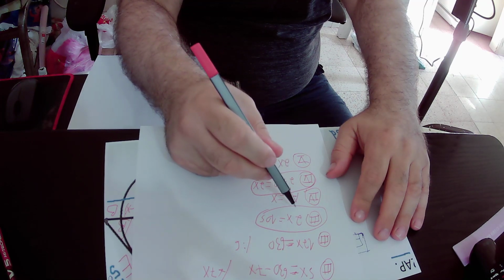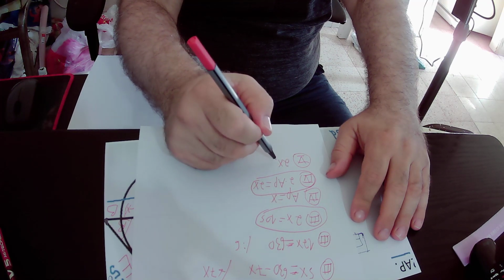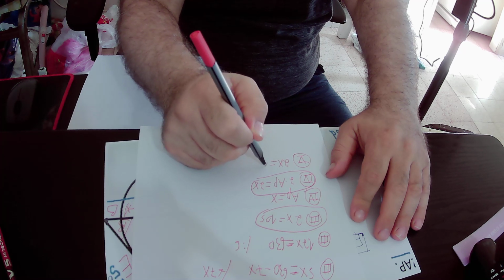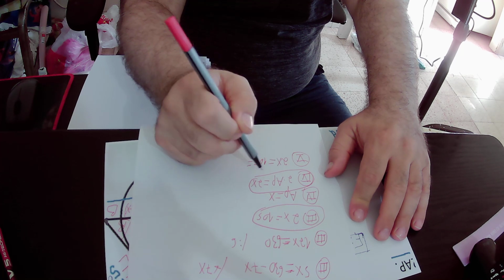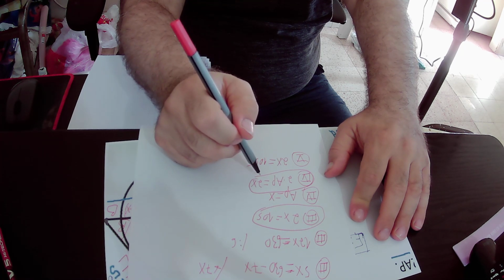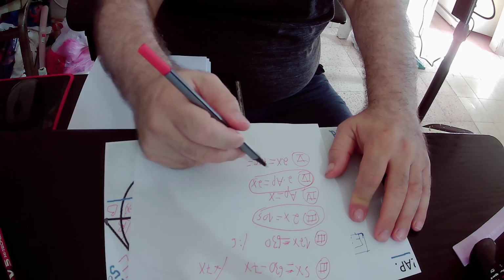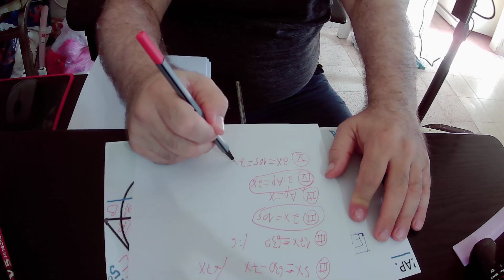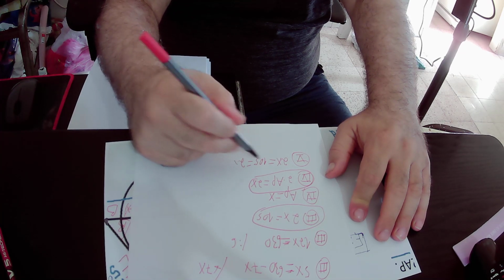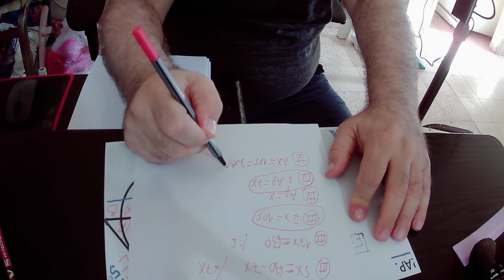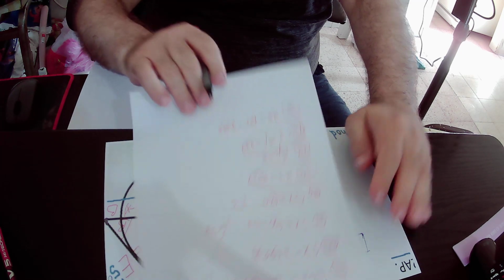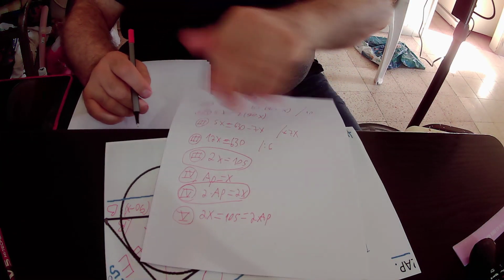From one side 2 times x equals 105 from the third equation, but we already know that 2 times x also equals 2 times AP from the fourth equation. So 2 times x equals 2 times AP. Okay, again I will repeat.